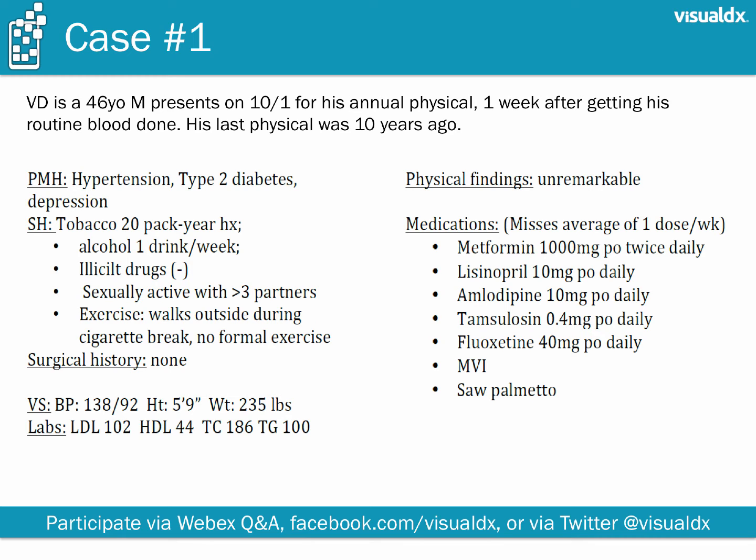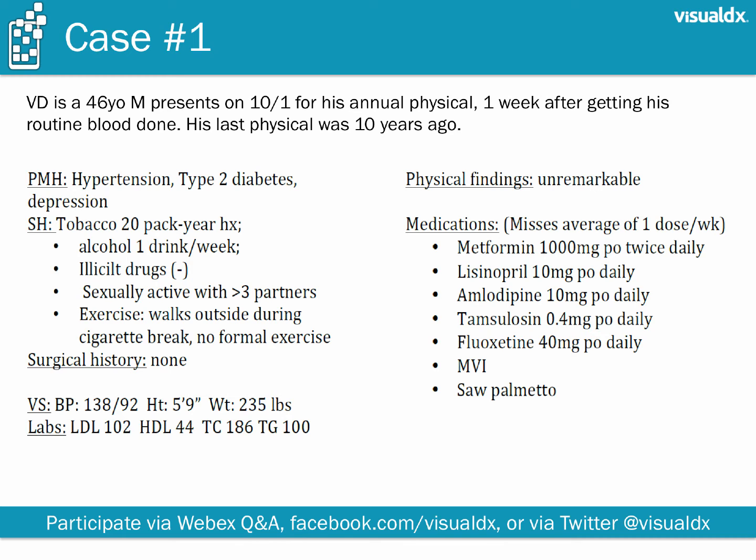This is VD, a 46-year-old male who presents today for his annual physical, one week after he had some routine blood work done. His last physical was about 10 years ago, so he's a typical 40-year-old male who sometimes gets lost to care.